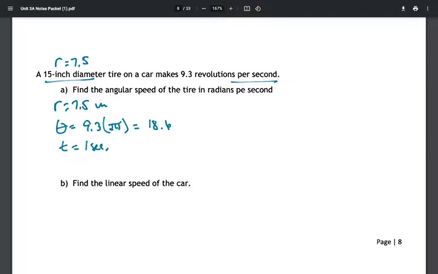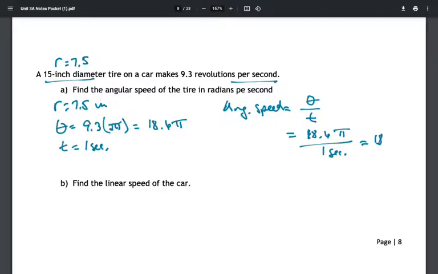I'm trying to find angular speed. So it'd be the angle divided by time. My angle is 18.6 pi. It took you 1 second to do that. So it's just 18.6 pi radians per second.